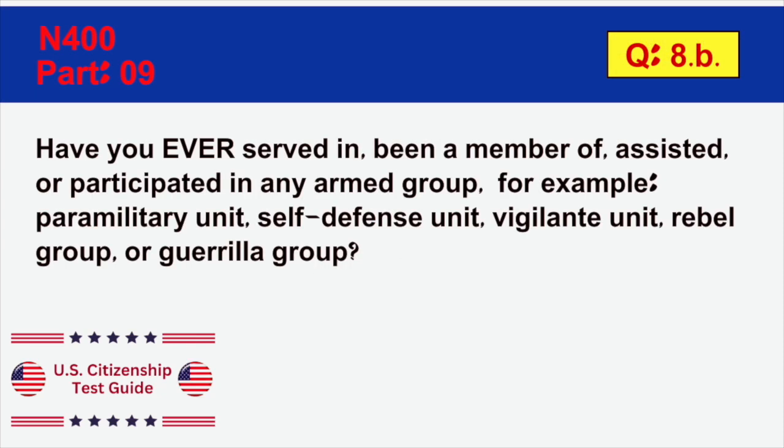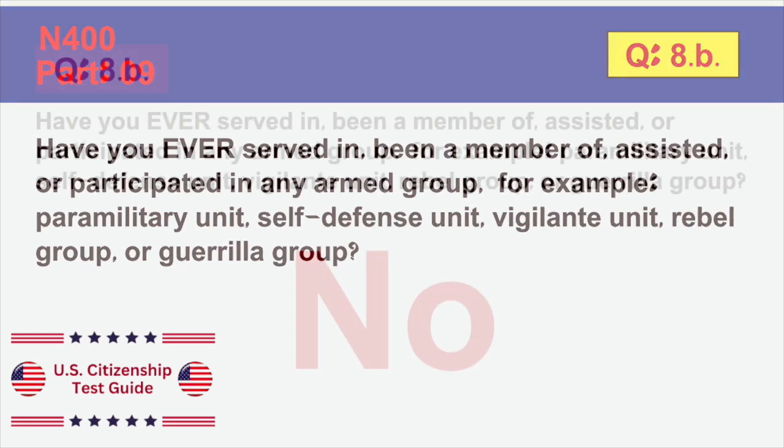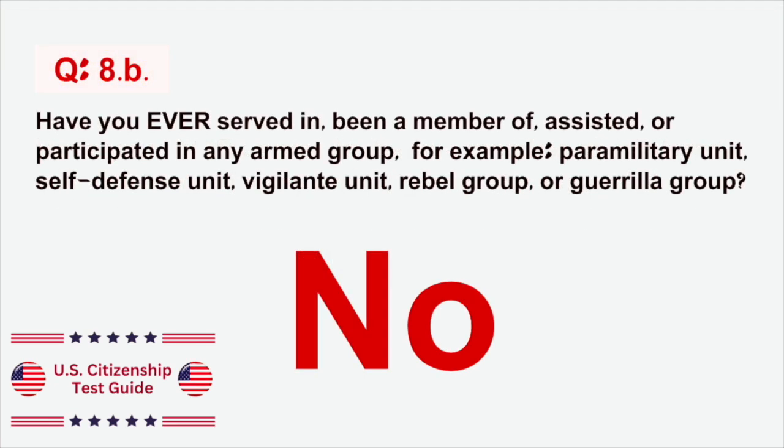Have you ever served in, been a member of, assisted, or participated in any armed group? For example, paramilitary unit, self-defense unit, vigilante unit, rebel group, or guerrilla group? No.